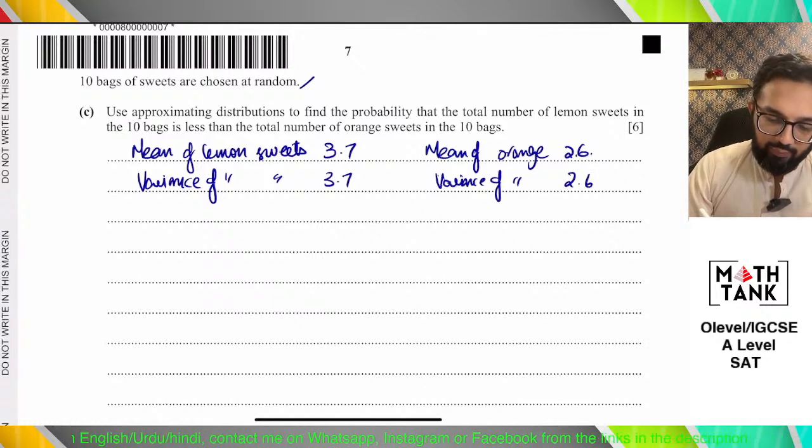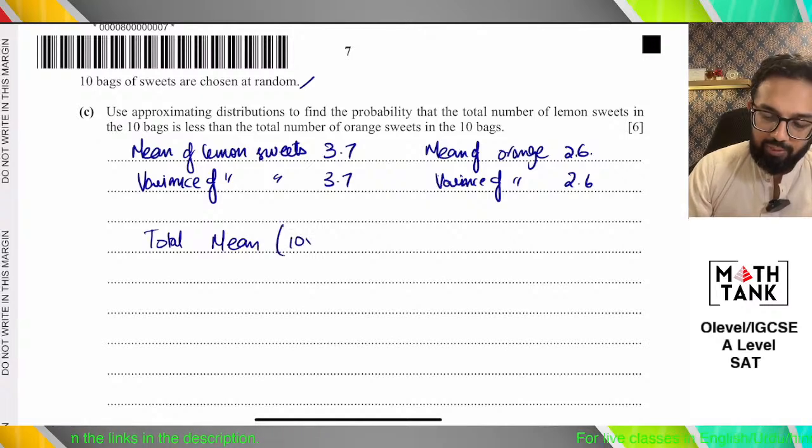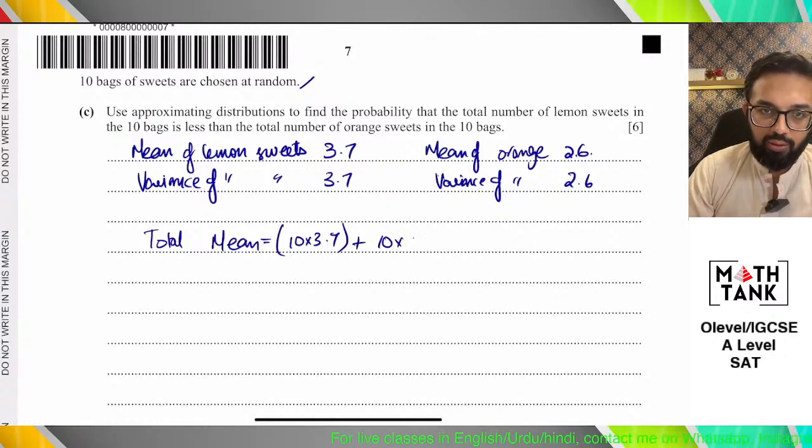If I have 10 bags, so the total in 10 bags, total mean 10 into 3.7 plus 10 into 2.6.